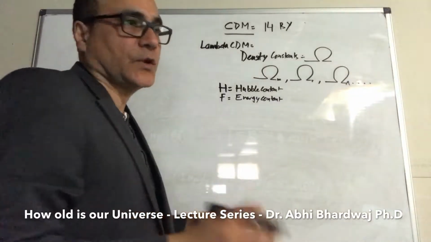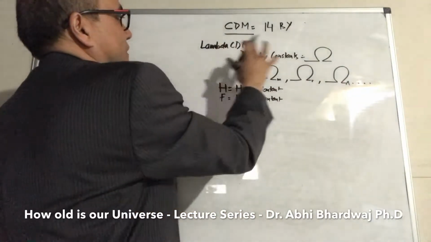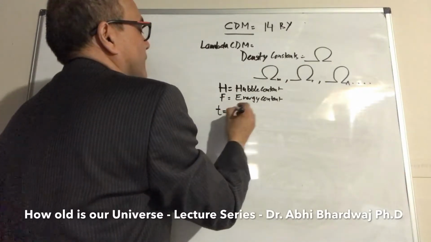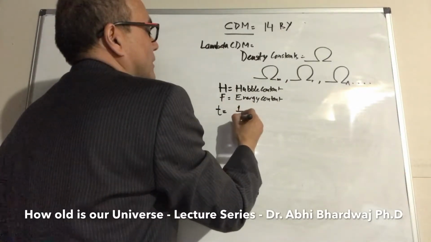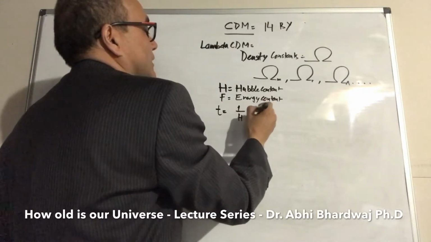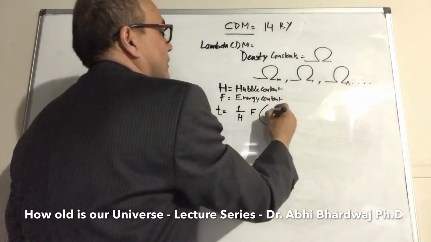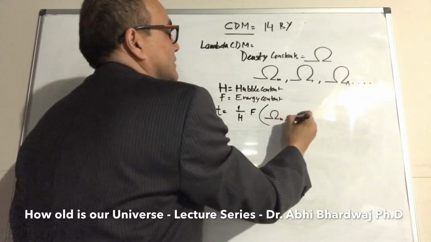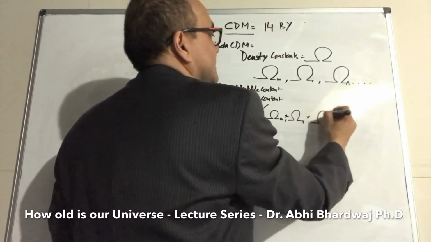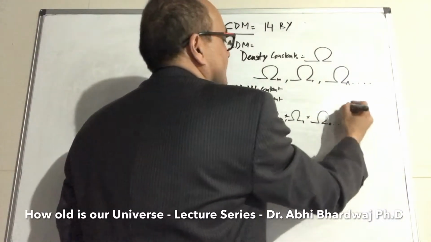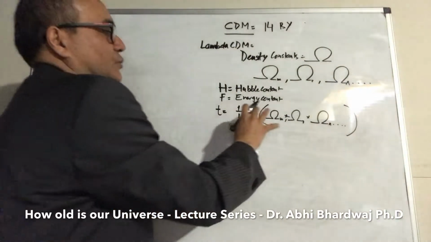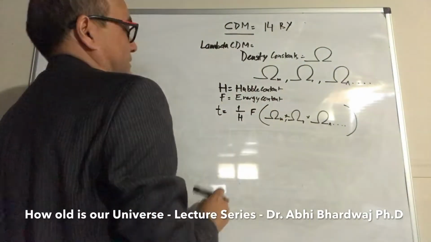The formula to calculate the age of the universe, knowing all these constants, is time equals 1 over H. F is the energy constant, and then all these density constants are multiplied, which will give you the age of the universe once you plug in the numbers for each constant.